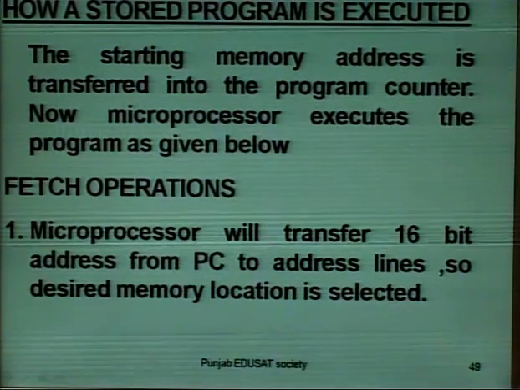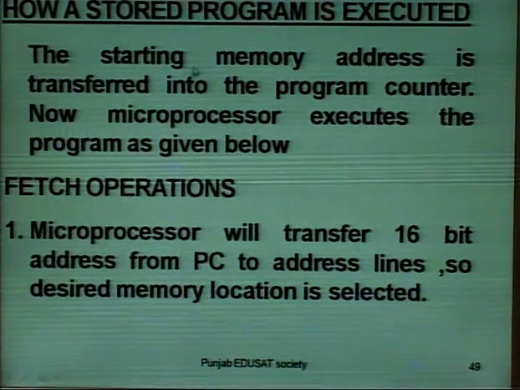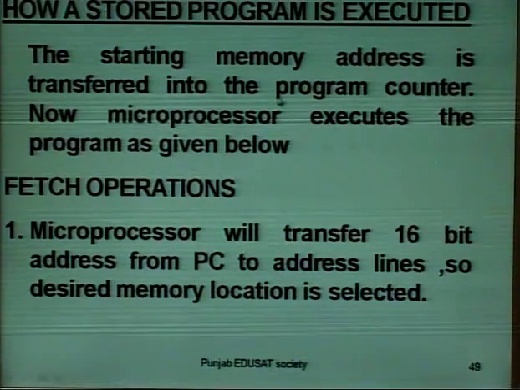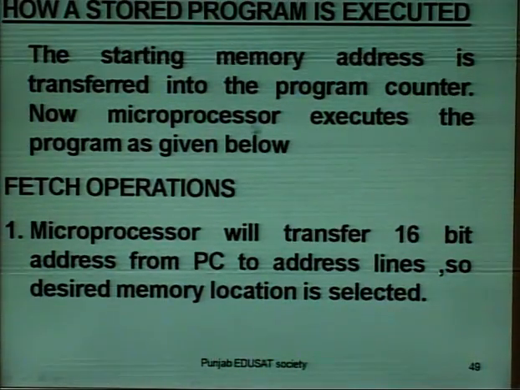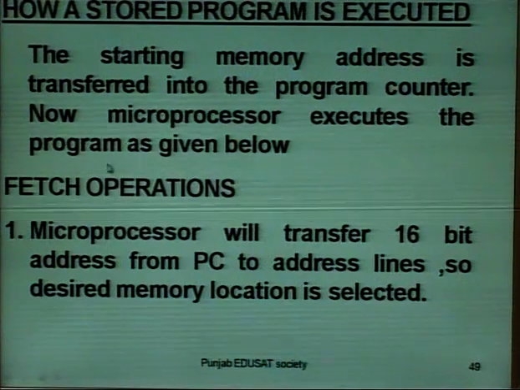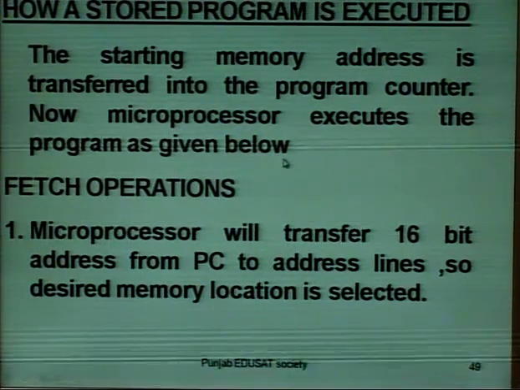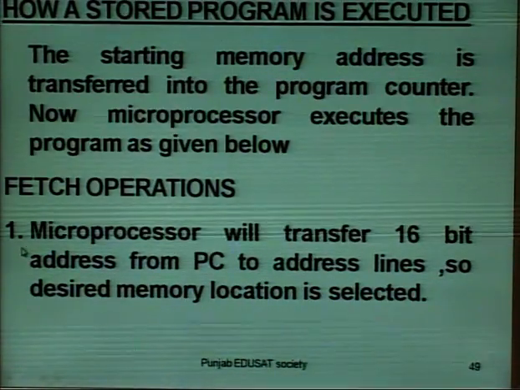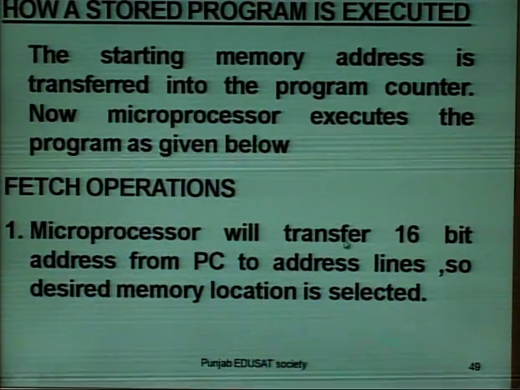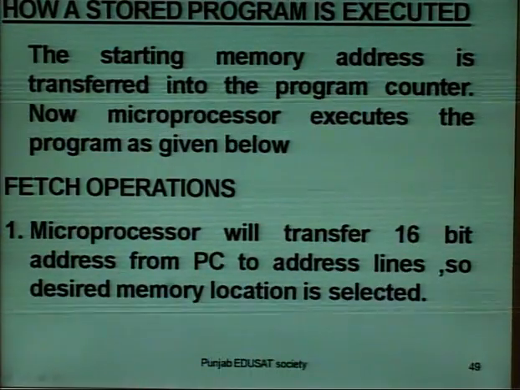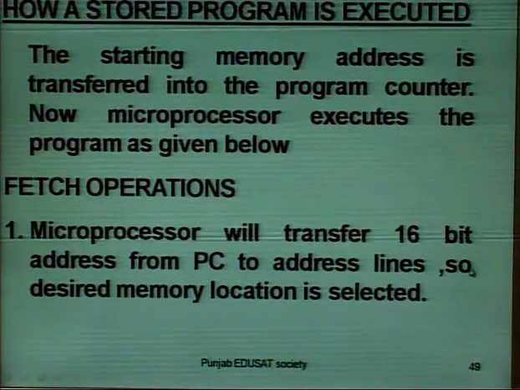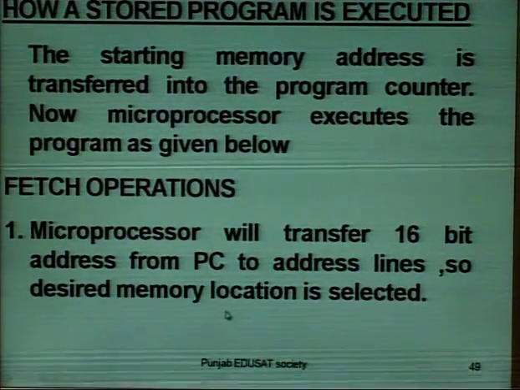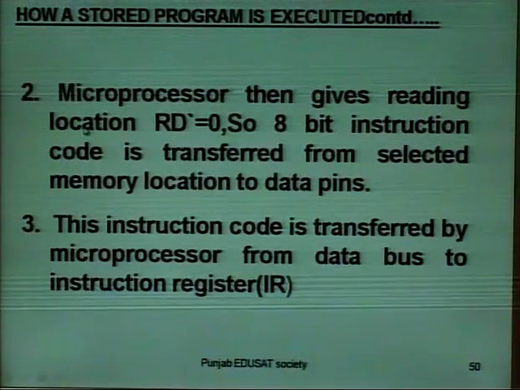How a stored program is executed. The starting memory address is transferred into the program counter. Now the microprocessor executes the program in 2 cycles, one is fetch operation, then execute operation. In fetch operation, the microprocessor will transfer the 16-bit address from the program counter to address lines, so the desired memory location is selected.